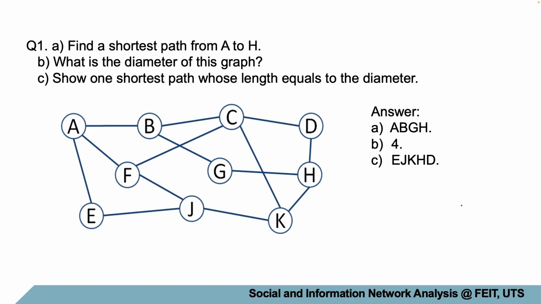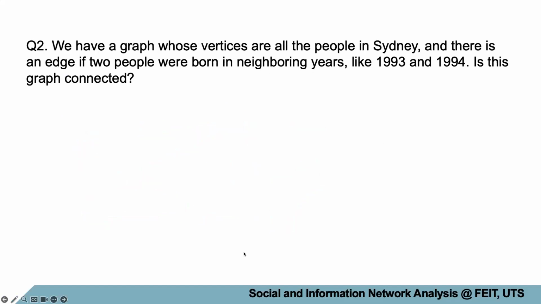If not, let's continue to the next question. So the question is, we have a graph whose vertices are all the people in Sydney, and there is an edge if two people were born in neighboring years. Let's say one person is born in 1993, another person is born in 1994, then there will be an edge between these two persons.